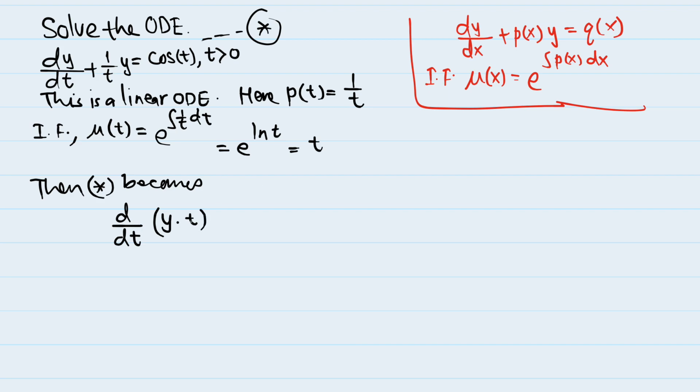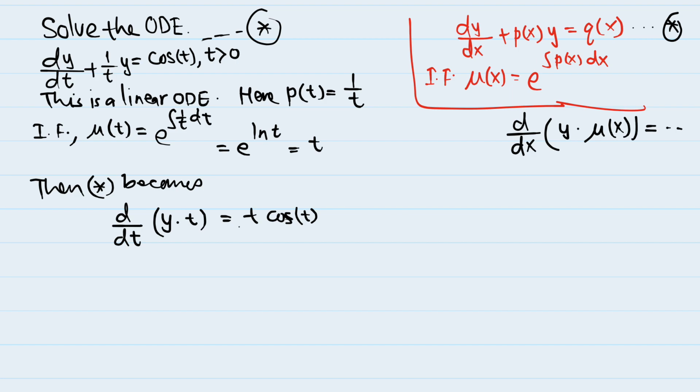That will be automatic. The right hand side, let's multiply by the integrating factor, so t and cosine t, just t cosine t. The left hand side is just automatic. When we multiply this linear ODE by the integrating factor, the left hand side will automatically be the derivative of the dependent variable times the integrating factor, whatever we have.